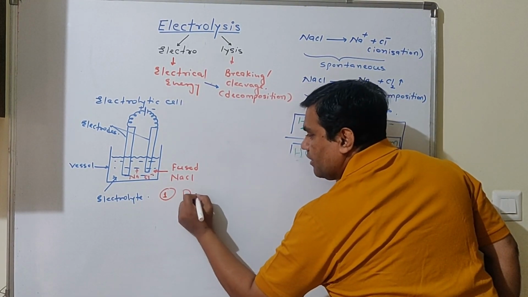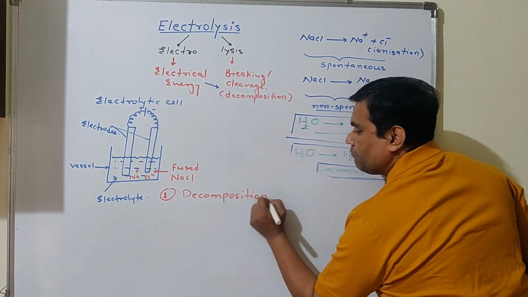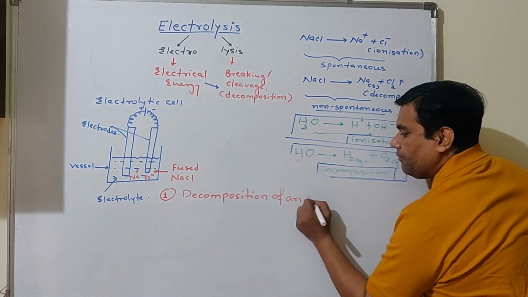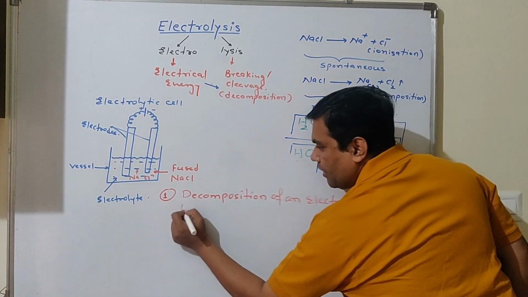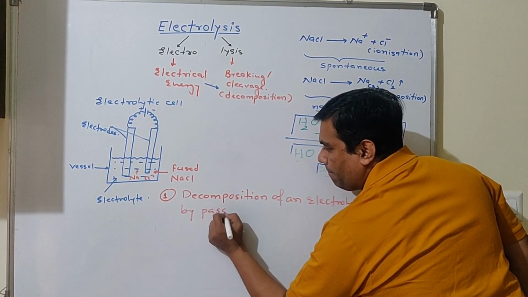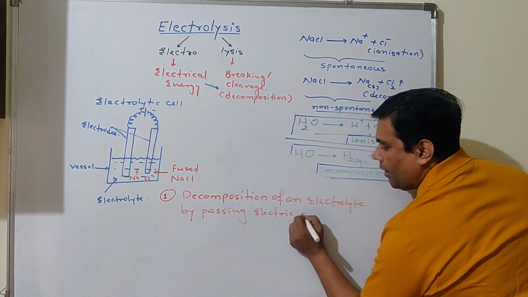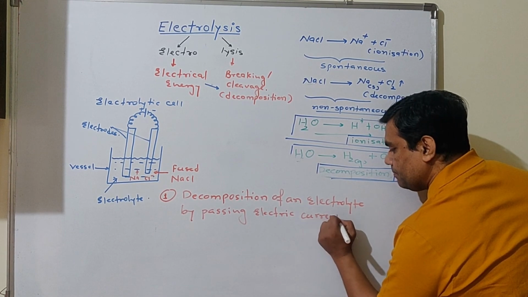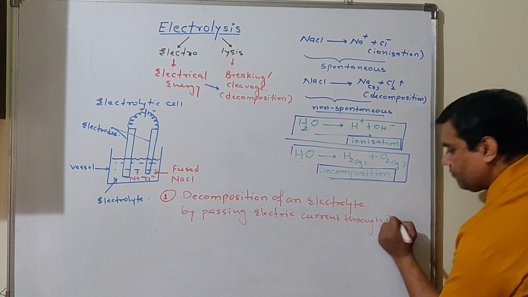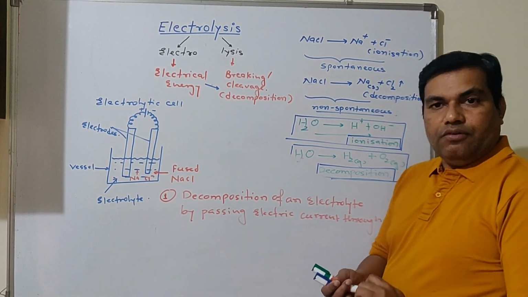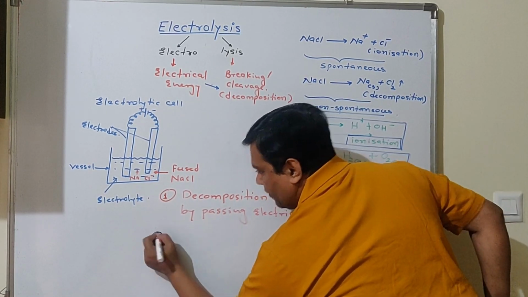Electrolysis is decomposition of an electrolyte by passing electric current through it.